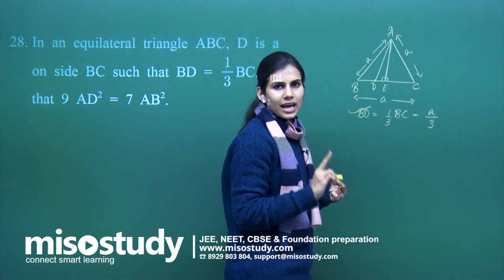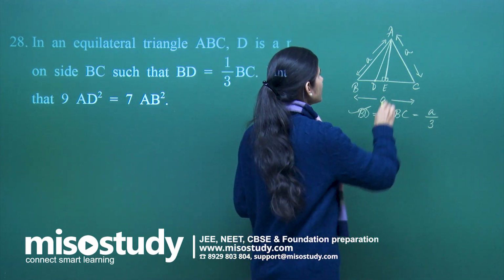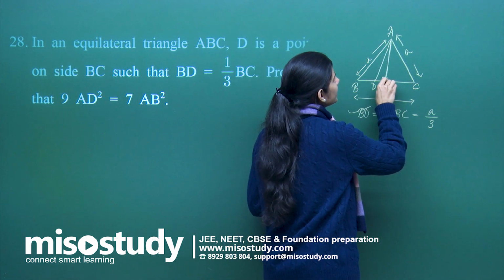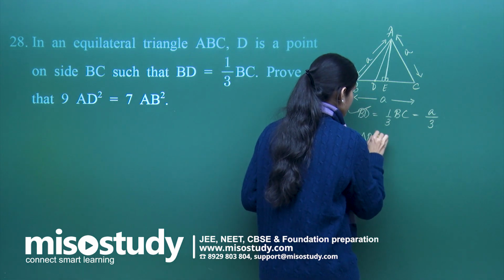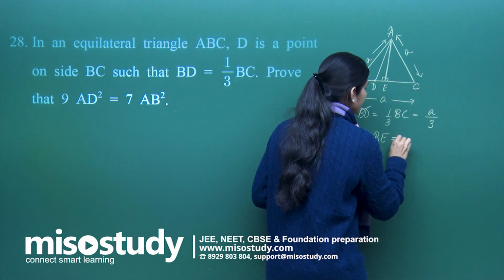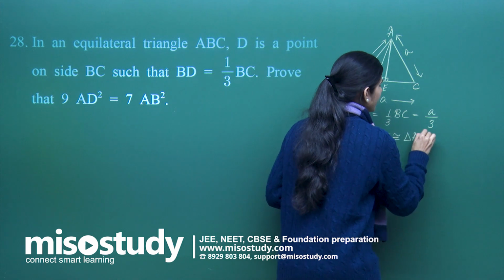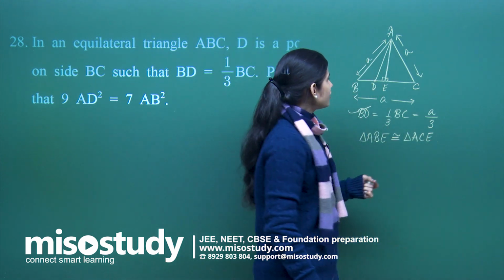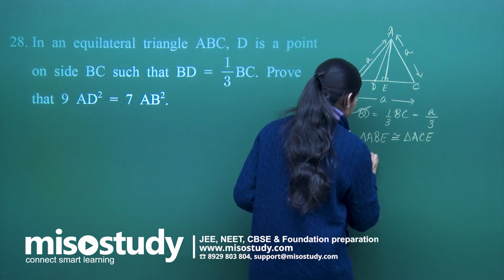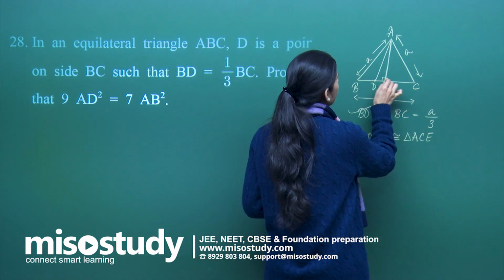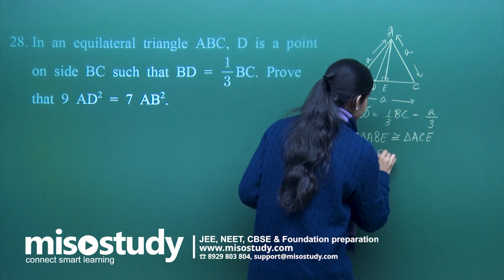So by right angle hypotenuse side congruence condition, triangle ABE is congruent to triangle ACE. The moment I say this, I get by CPCT that BE is same as EC.